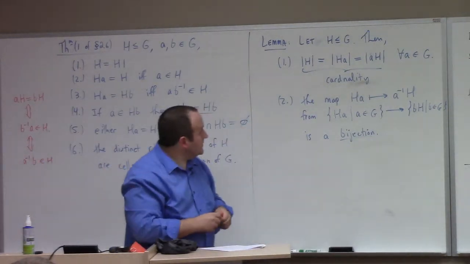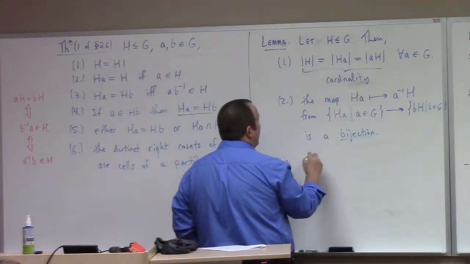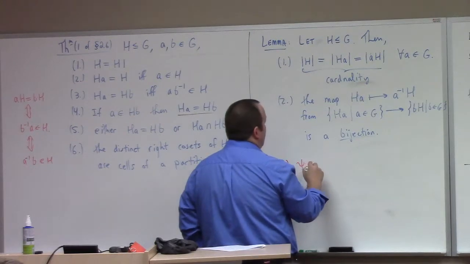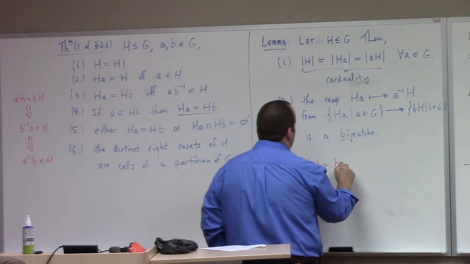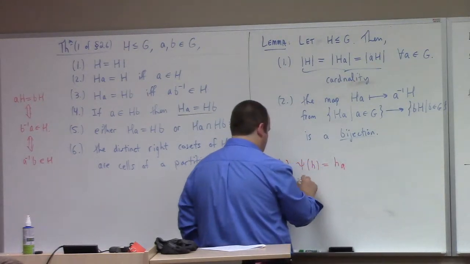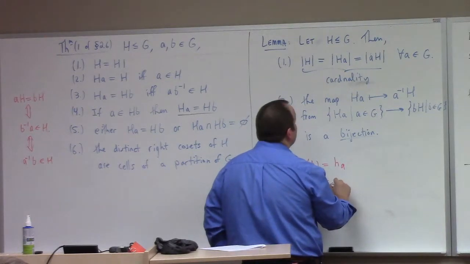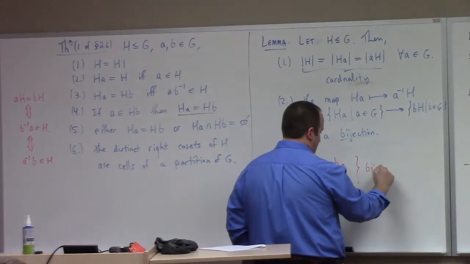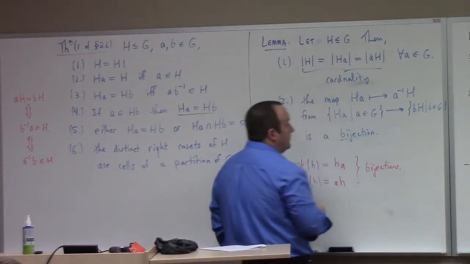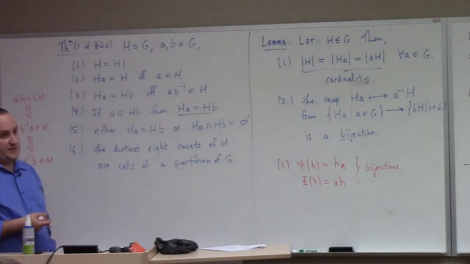Okay, so the proof here of 1 is essentially just that if we look at psi of H equal to HA, and phi of H equal to AH, these are both bijections. And those being bijections proves that the cardinality of those different sets are the same.